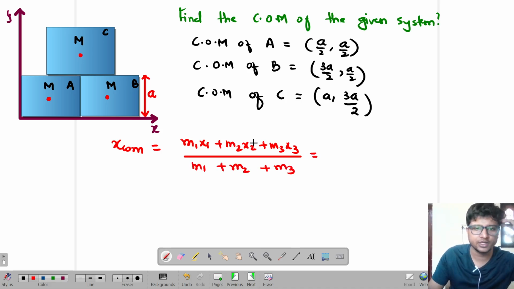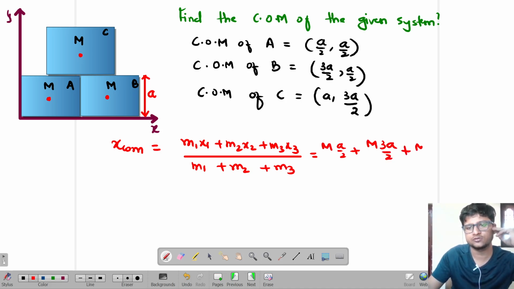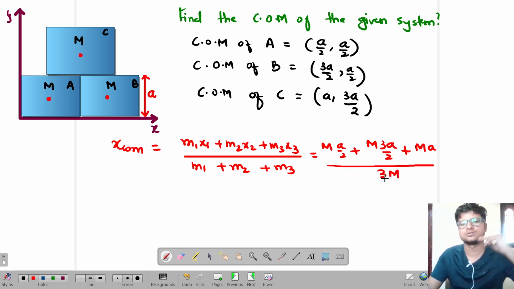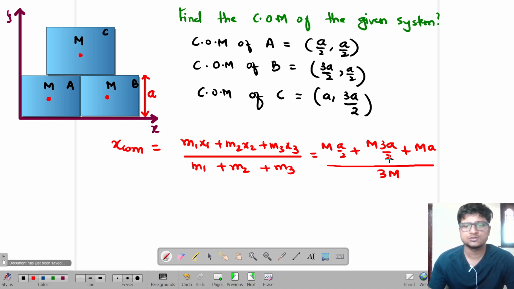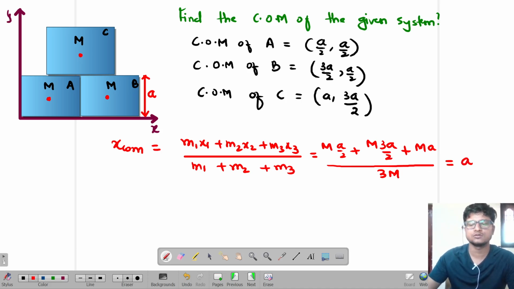What I'll get over here: M into A by 2 plus M into 3A by 2 plus M into A, divided by total mass, which is 3M. How much is this? 3 plus 2, 5, 1, 6 by 2. So that is 3MA by 3M. 3, 3 cancel, M, M cancel. So this is exactly equal to A. Are you able to get me or not?